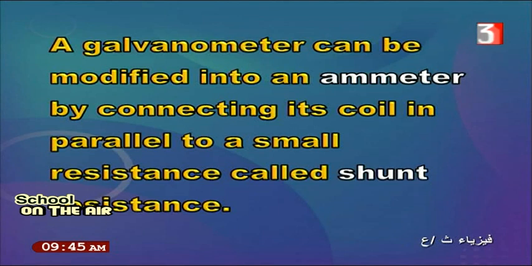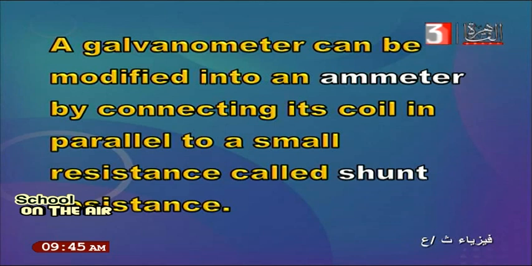Another choice: a galvanometer can be modified into an ammeter by connecting its coil in parallel to a small resistance called shunt resistance. Do you know one of the functions of the shunt is to decrease the total resistance of the device?